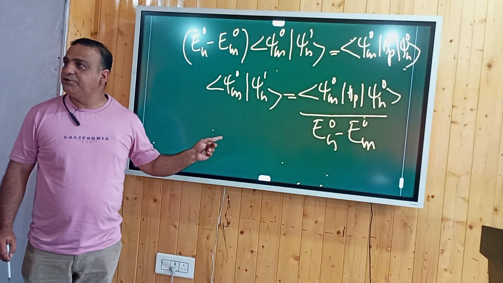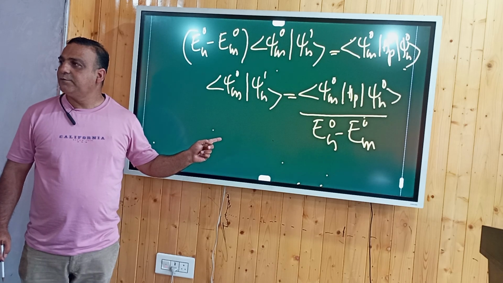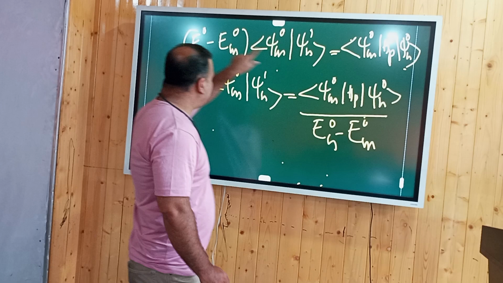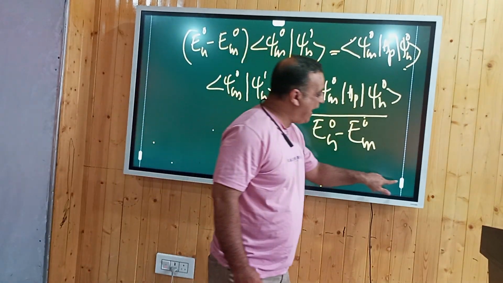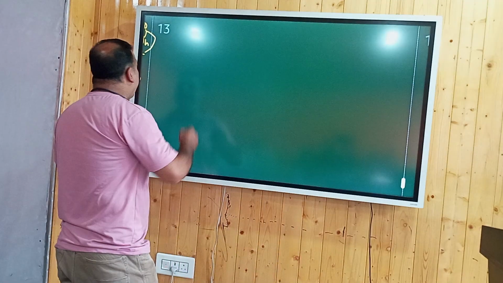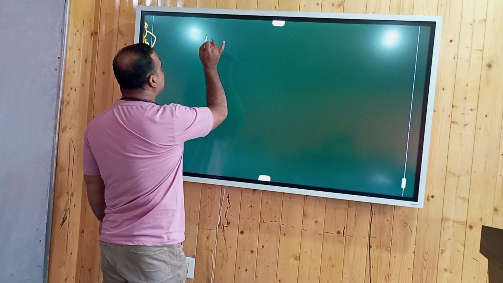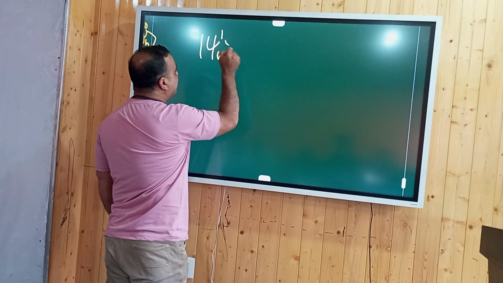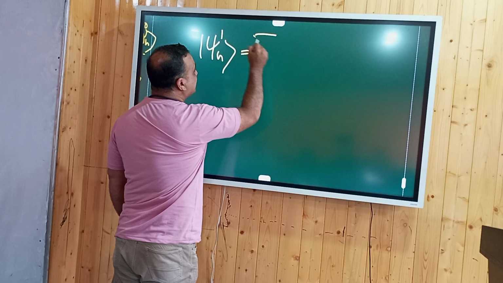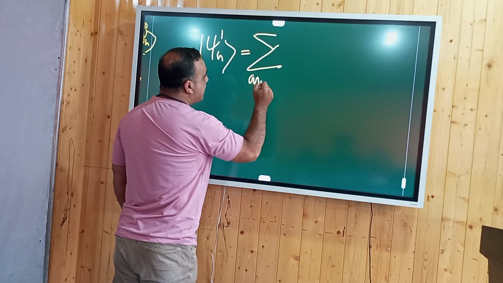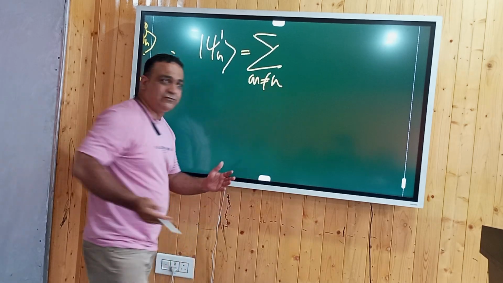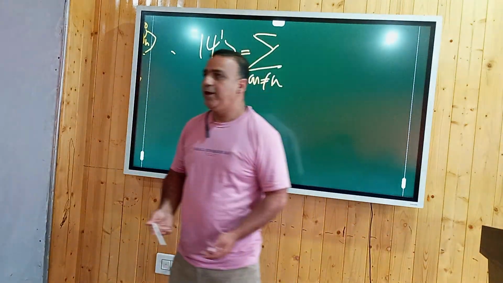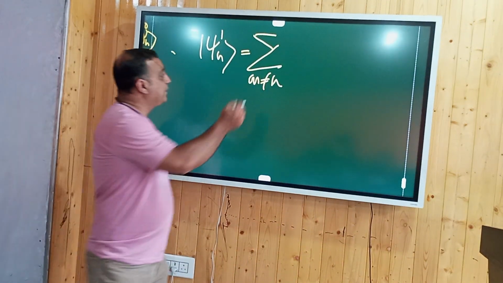So where would I substitute this? You remember that equation? I would like to substitute this value in my original equation. That was the first order correction, ψ_n^1, equal to the sum over m not equal to n. Otherwise it will not exist. The things that we have developed till now will not exist for m equal to n.